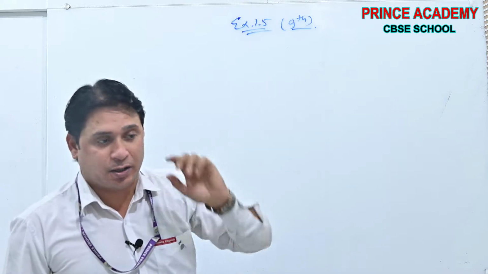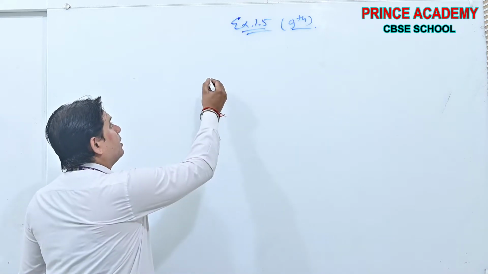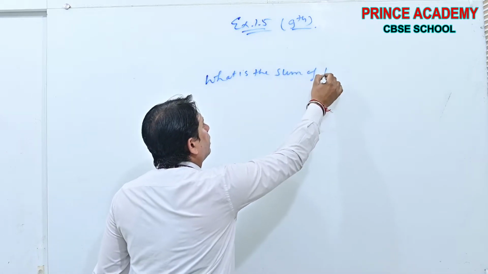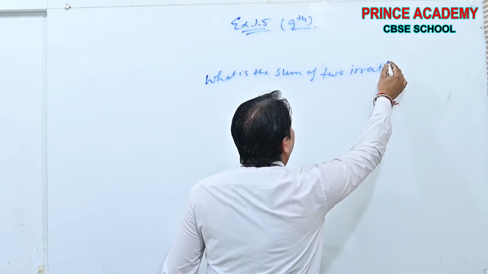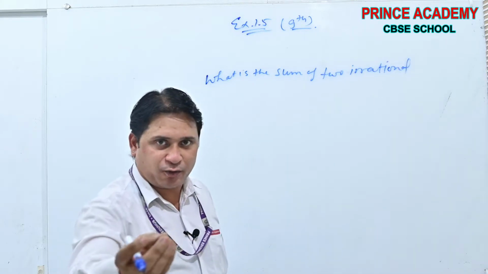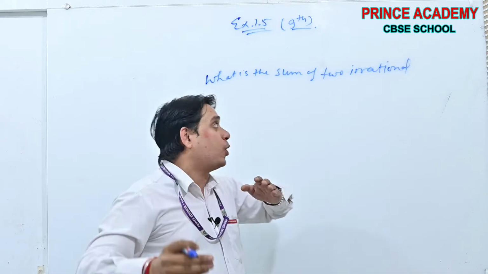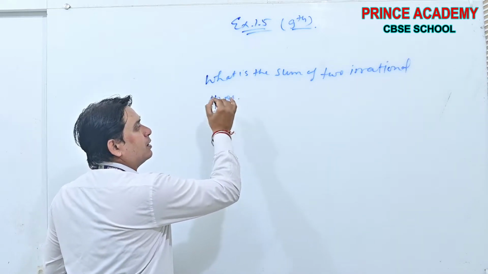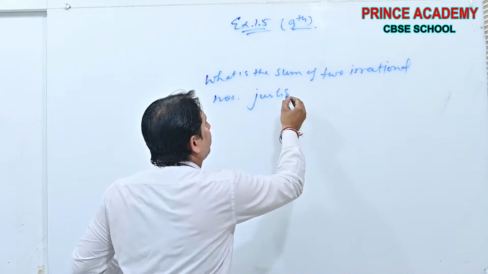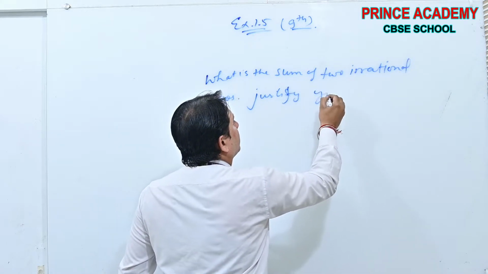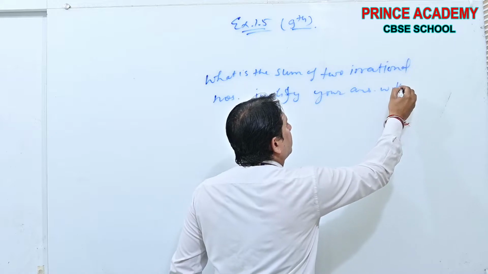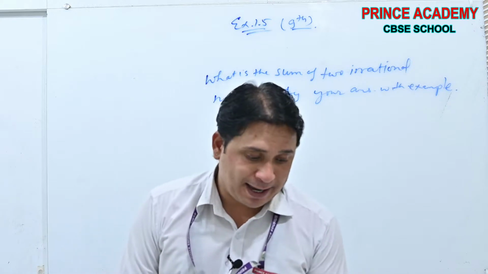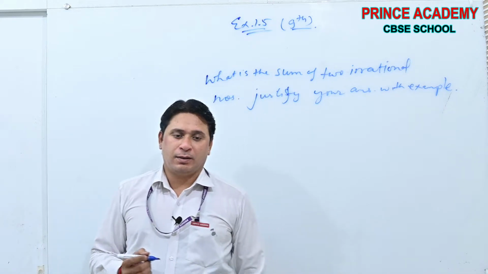Sorry, the question was, what is the sum of two irrational numbers? Justify your answer with example. It was the question asked to me by some selection committee members.